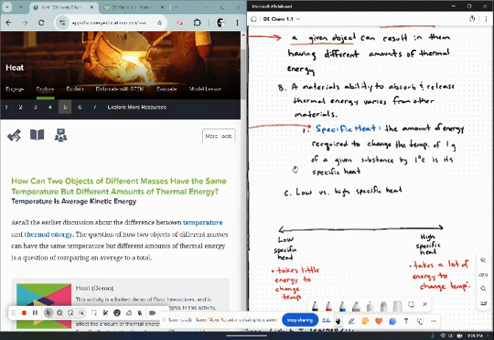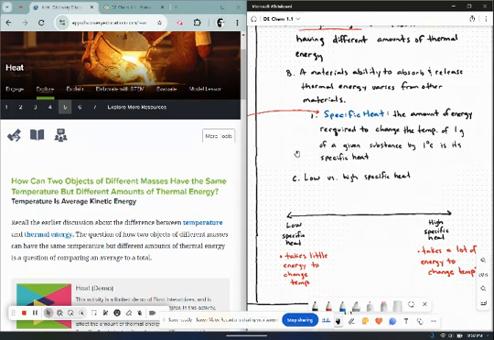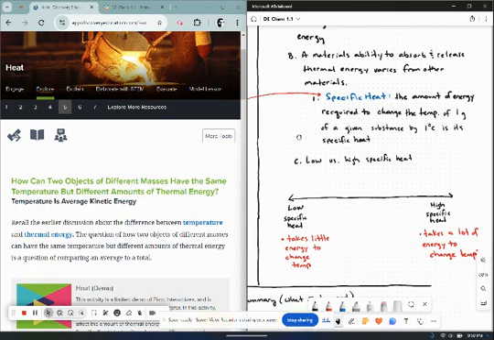So it stands to reason then that if different objects have different rates that they absorb and release thermal energy, then they're going to have different specific heats, right? Aluminum is going to have a specific heat that is different from copper, right? And it's really kind of a continuum here.